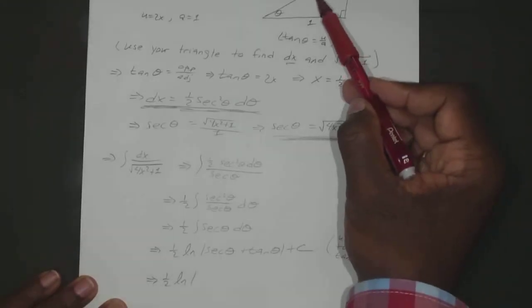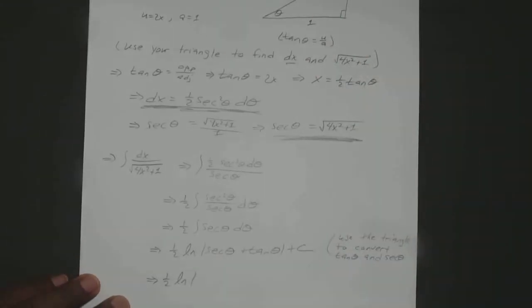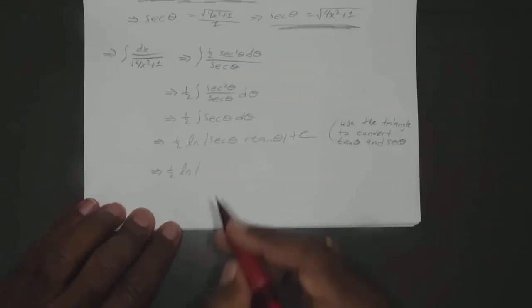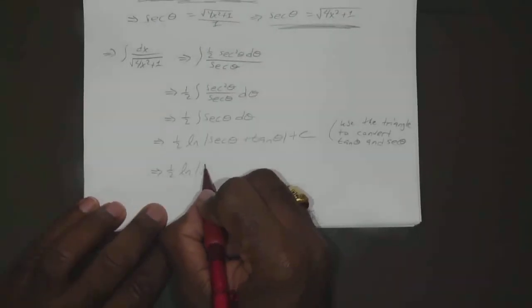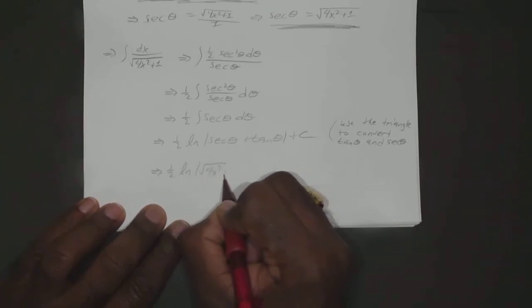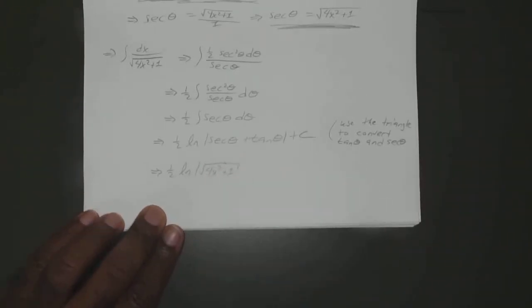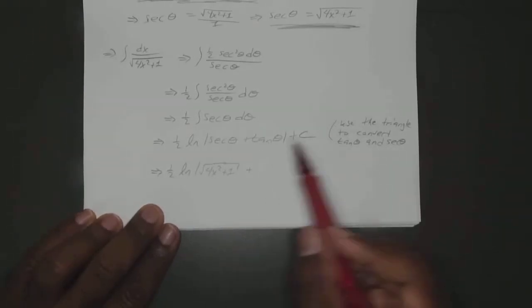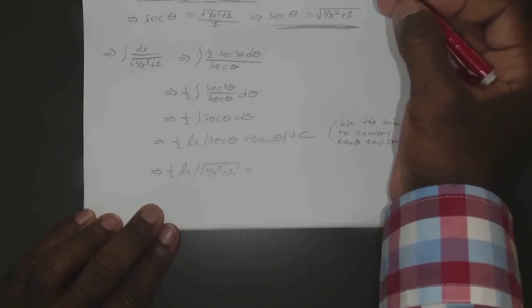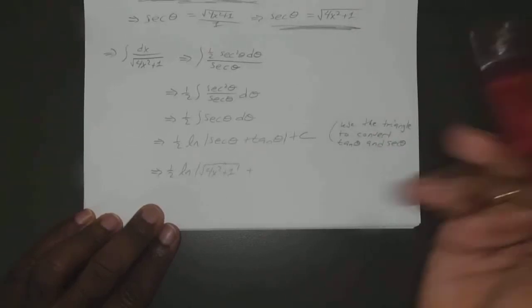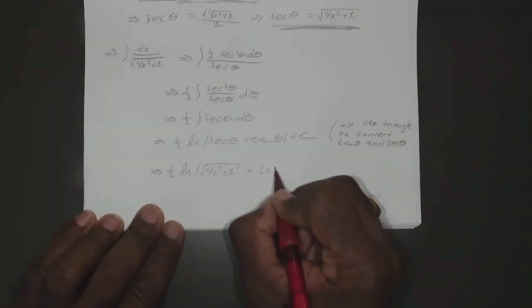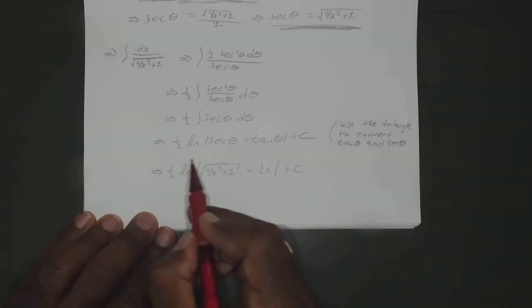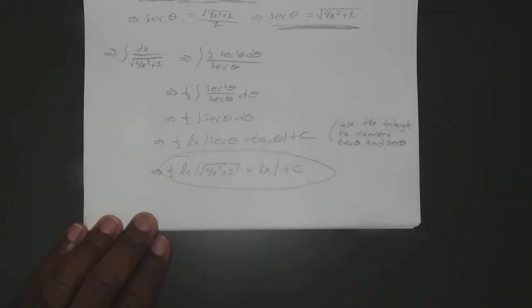Hypotenuse over adjacent is square root of 4x squared plus 1 over 1, so it's just the square root of 4x squared plus 1. There we go. Plus, tangent is opposite over adjacent, so you have 2x over 1, so it's 2x, plus c. Actually, that would be your answer.